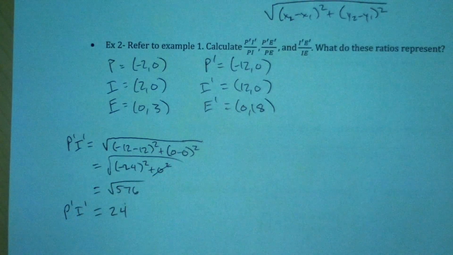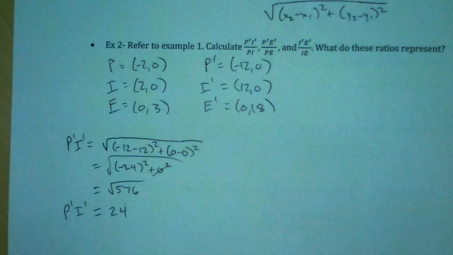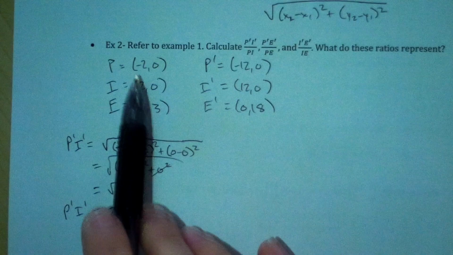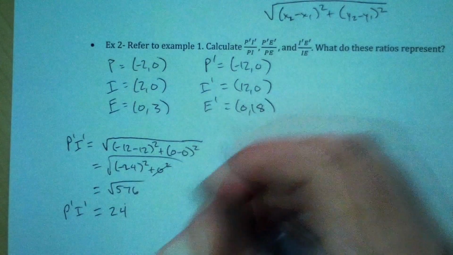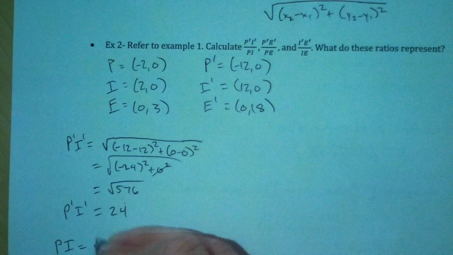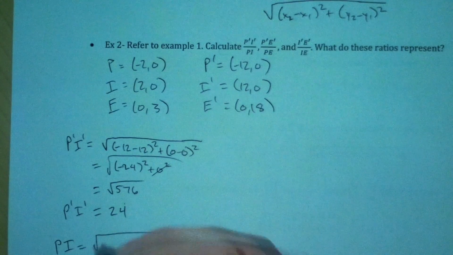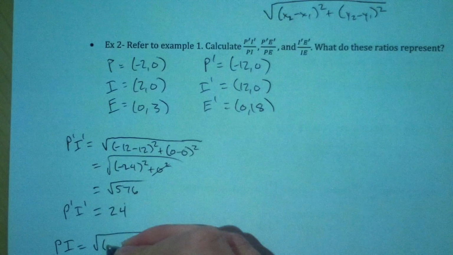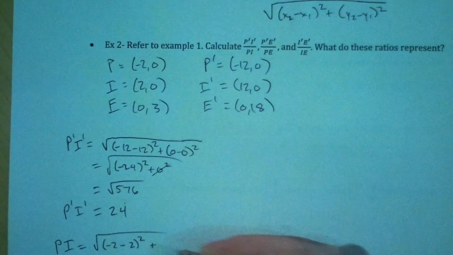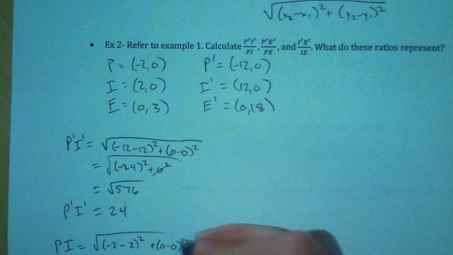PE. So P prime to E prime. Giant square root there. P is at (-12, 0), so it'd be -12 minus our other x coordinate for E prime, which is 0, squared, plus our y coordinates, 0 minus 18, squared.